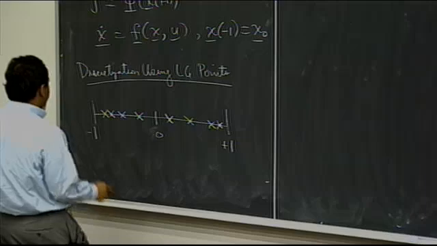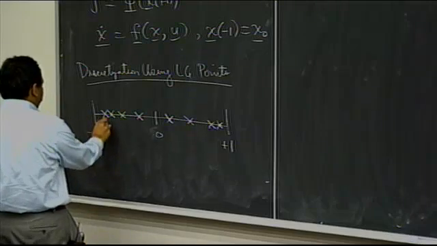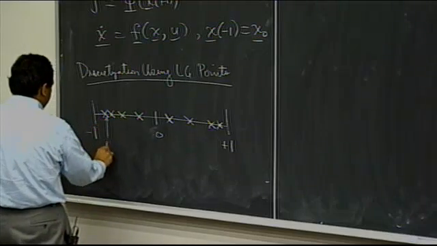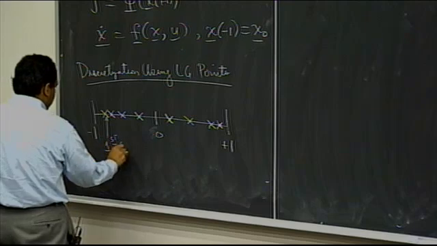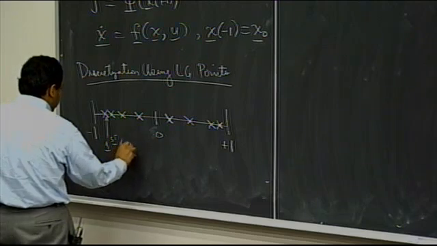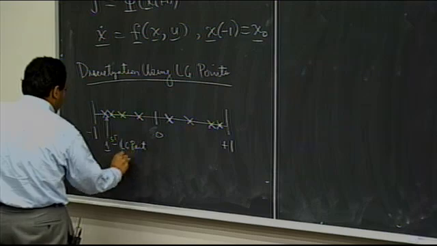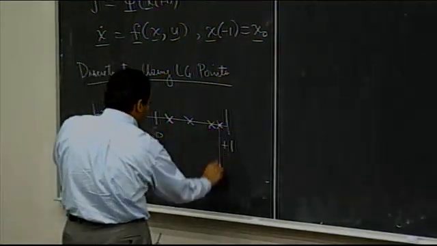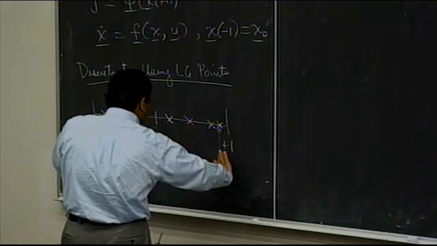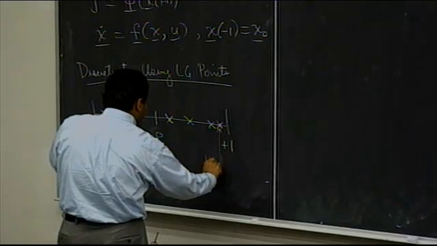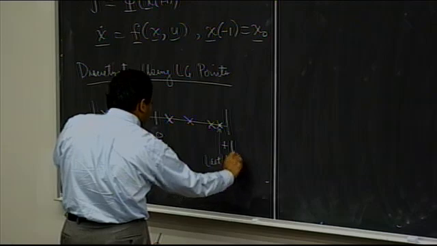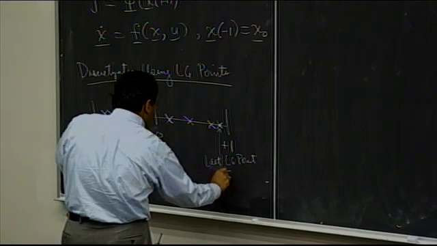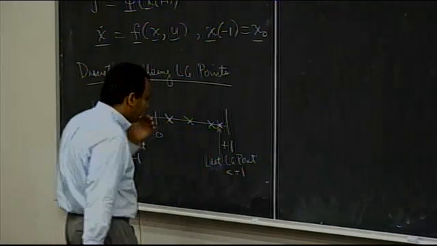Now if you look at the LG points, the first LG point is greater than -1. The last LG point is less than +1.